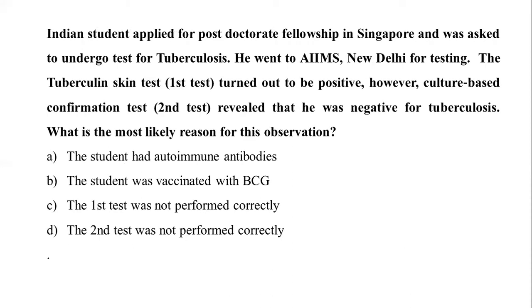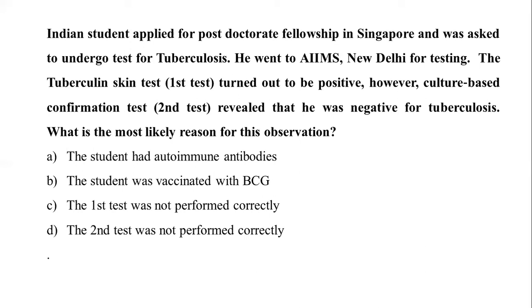In the next question, an Indian student applied for a postdoctorate fellowship in Singapore and he was asked to get tested for tuberculosis. He went to AIIMS, New Delhi for testing. The tuberculin skin test, which was the first test, turned out to be positive. However, the culture-based confirmation test revealed that he was negative for tuberculosis. What is the most likely reason for this observation?